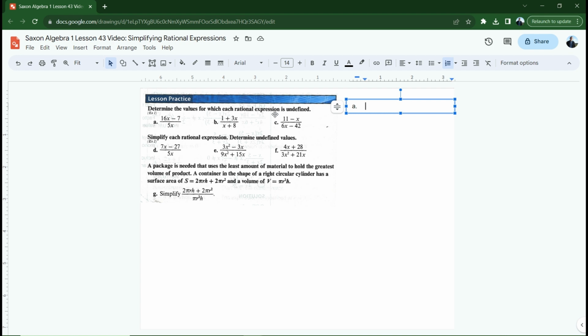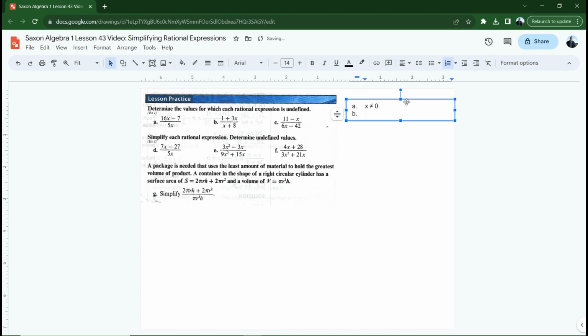So, for example, in letter A, I know that x cannot be equal to 0. That's how I'm going to list the values for which the rational expression is undefined. The proper thing to state is that your variable in your denominator is unequal to whatever would make your expression undefined.